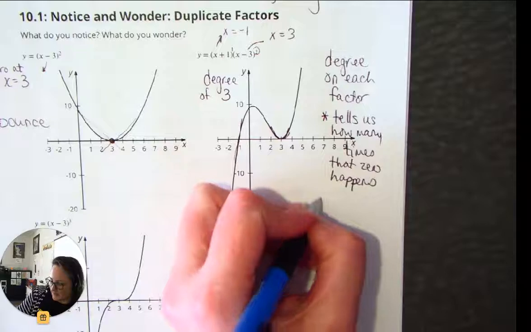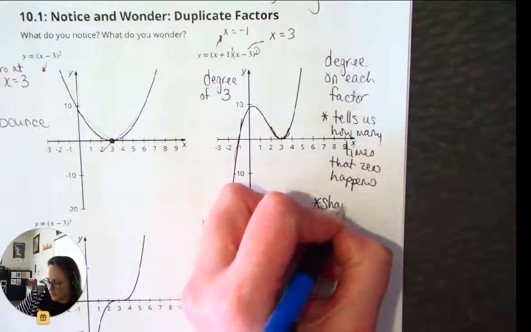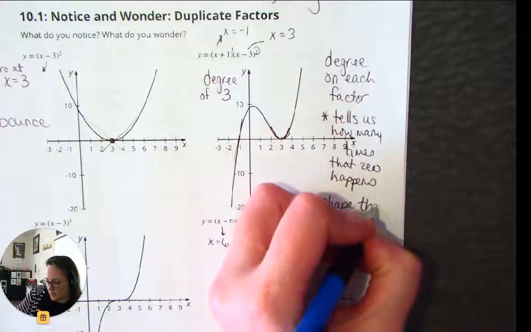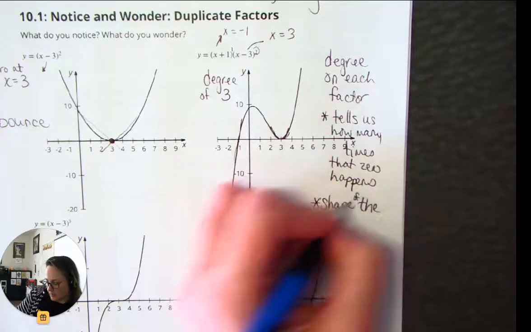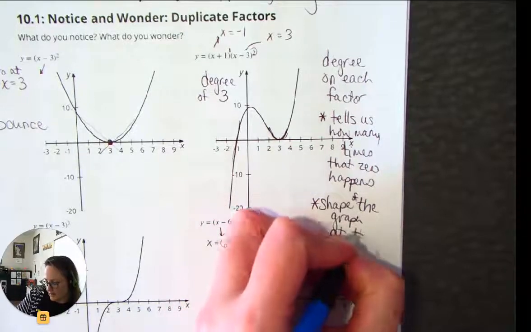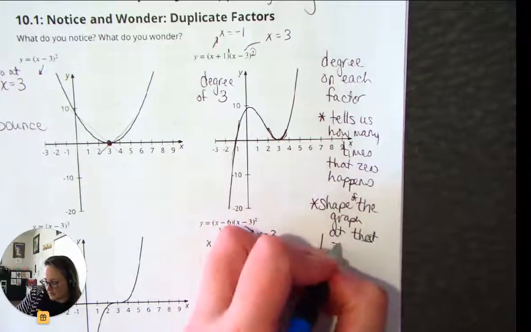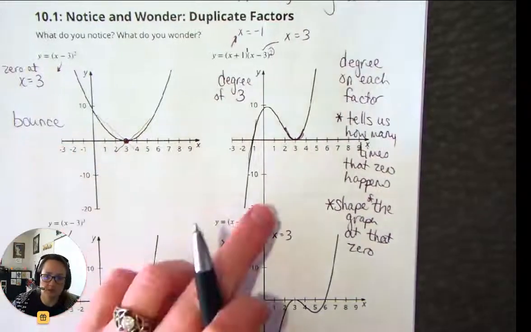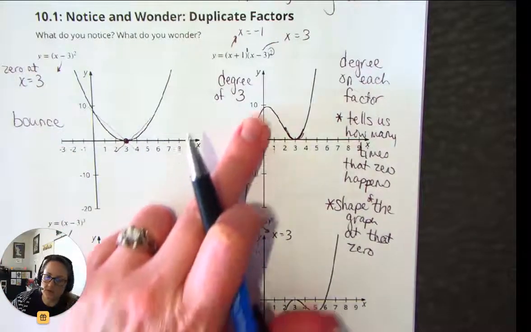It also is going to be telling us the shape of the graph at that 0. So a degree of 1, it just goes straight through.